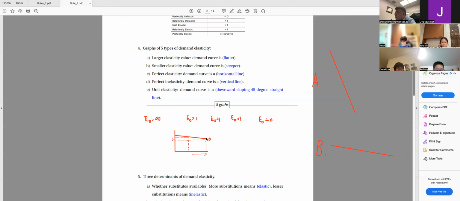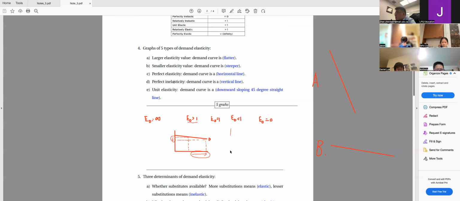Given a flatter demand curve, relatively speaking, a smaller change in price level leads to a very big change in quantity demanded. So you use this one divided by this one, and you get ED greater than 1.